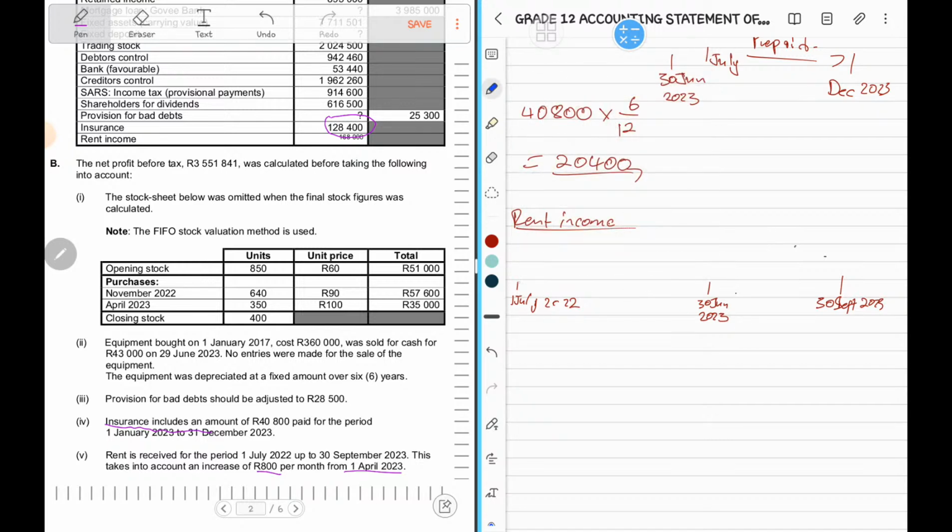So we are being told that it increased from April, meaning that from April, May, June, July, August and September, the monthly rent has increased by 800. It was more by 800.